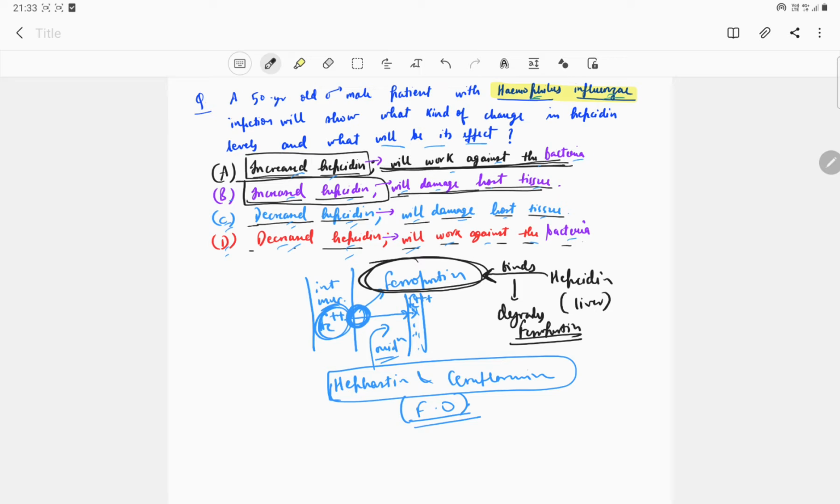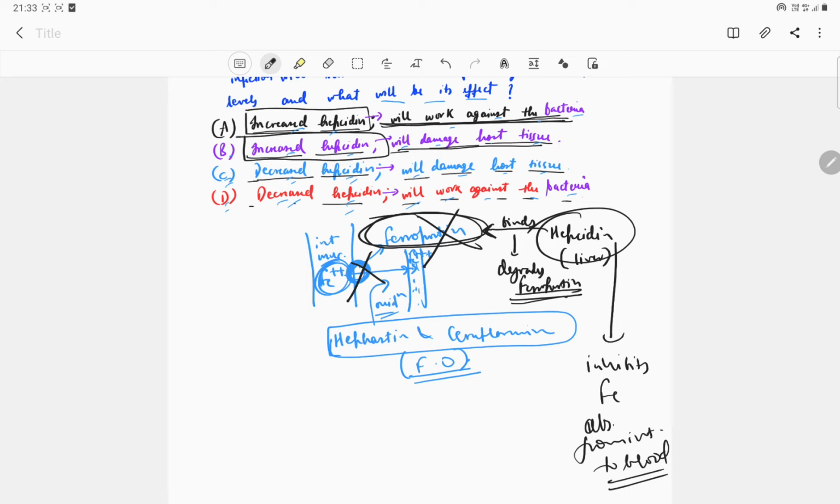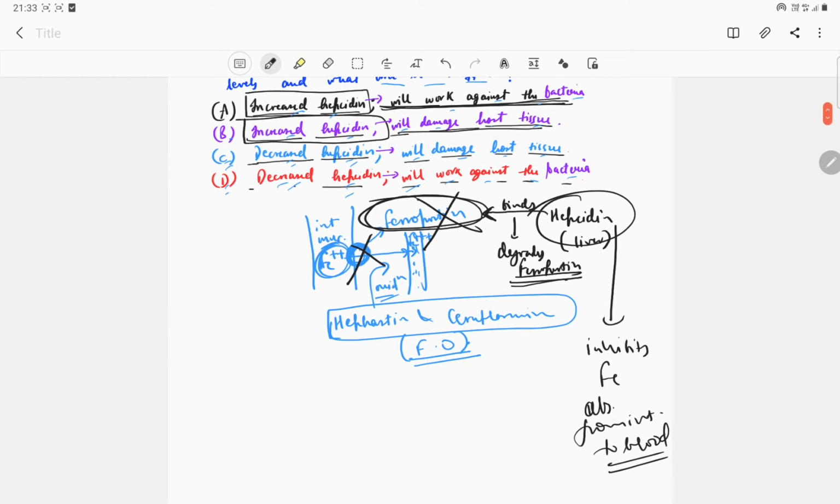What will happen because of degradation of ferroportin? It is very easy. If ferroportin is not present, then how will absorption into the blood occur? Therefore, the effect of hepcidin is that it inhibits iron absorption from the intestine to the blood. It degrades ferroportin and therefore blocks the transport of iron.